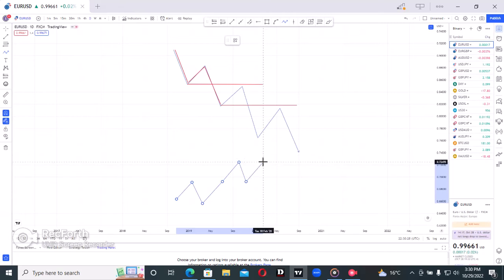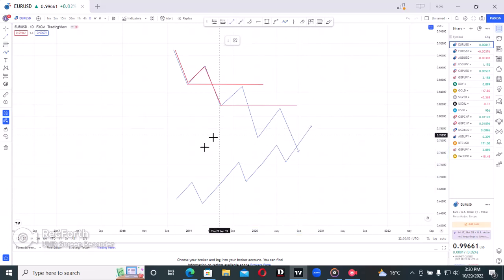If we don't break this level, this is not going to be our uptrend. It can move in a ranging market, or it can continue to move down. But if we have a breakout here, what we're going to expect is that this market can give us a retracement and then continue to move up.